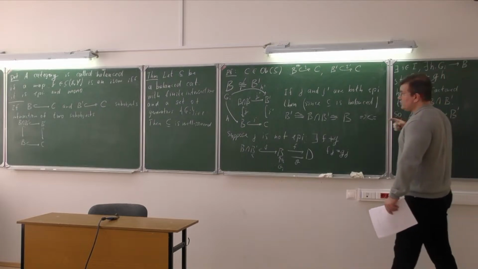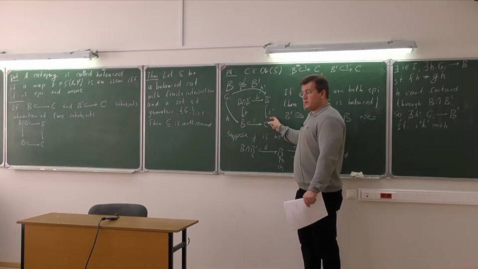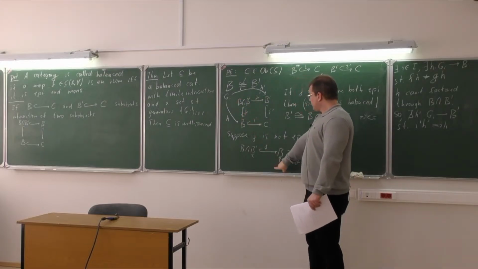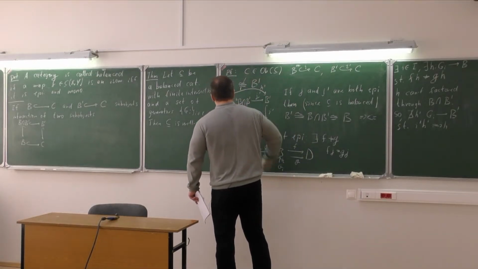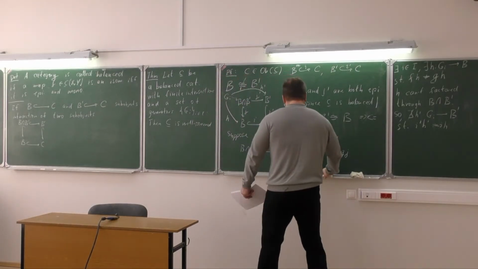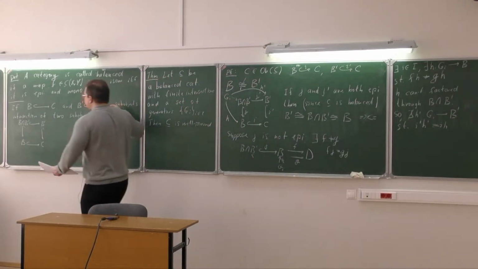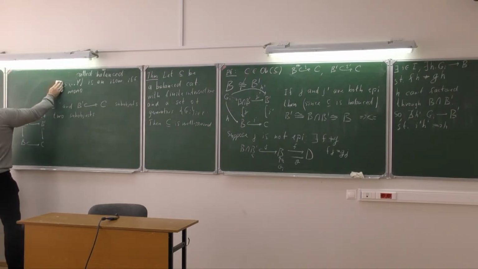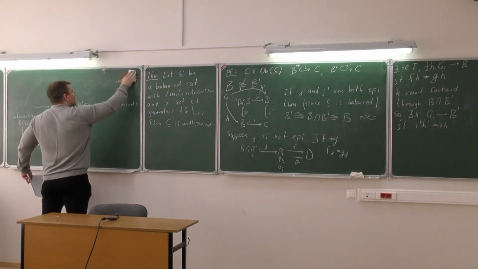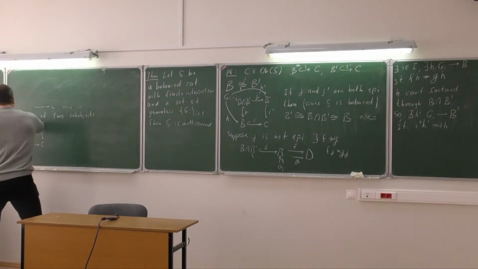Because if I have such an H prime, since this is a pullback, I can find this factorization that can't exist. So this is some preliminary work, and now we're going to see how this allows us to complete the proof.